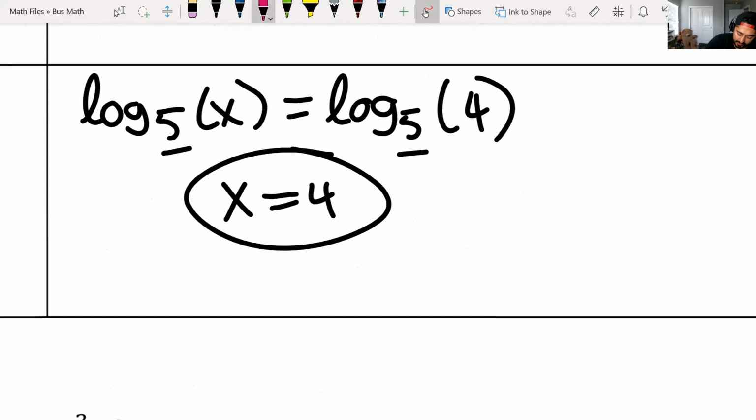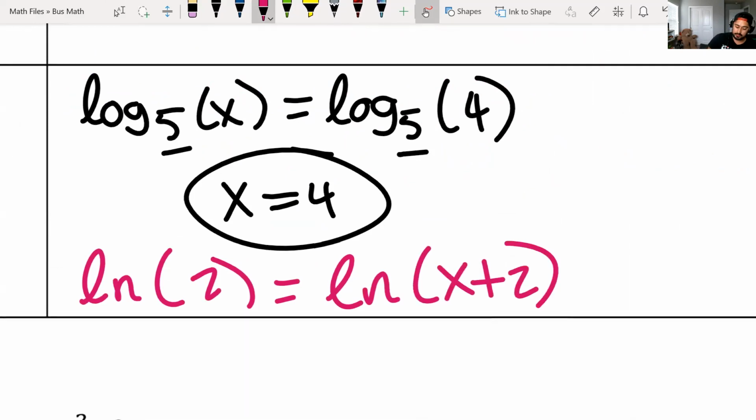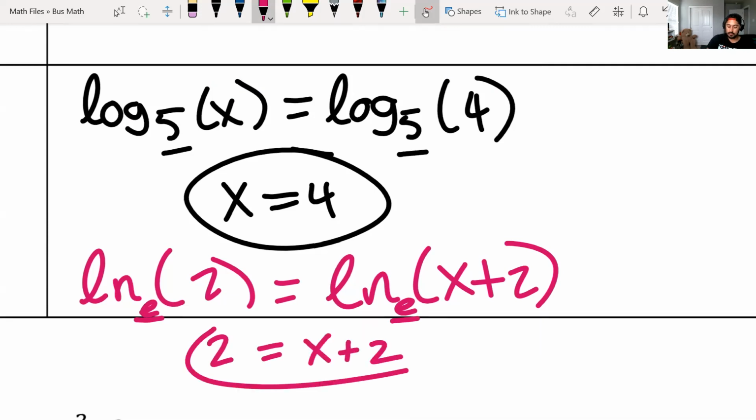Or if I have natural log of 2 equal to natural log of x plus 2, since natural log has a base of e, since those bases are equal, this means 2 equals x plus 2. And of course, you would solve it after that. But that's how this equality property works.